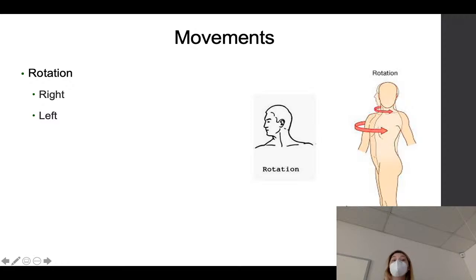An important part, because I will ask you things on the test about this: rotations and the directions that they're going, you need to make sure you're not projecting your left and right onto the image. So if I asked you, is this right or left rotation? Any guesses what it is?